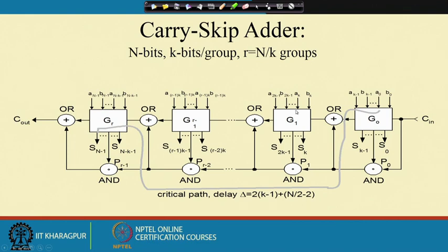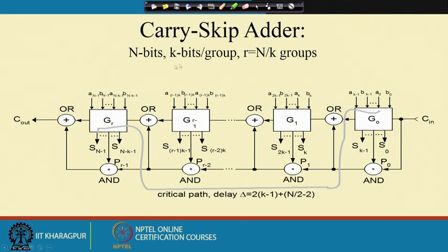If I want to design an n-bit carry skip adder, and I make one group of k bits, then I need n divided by k number of groups.